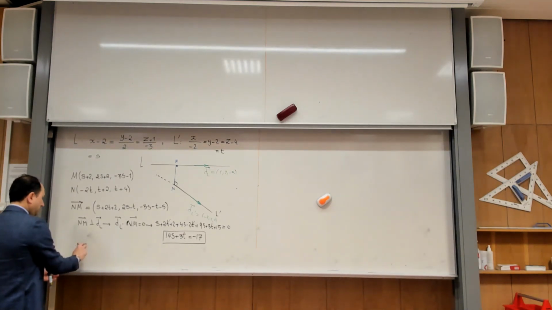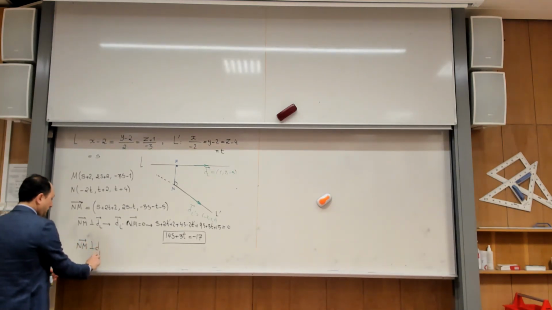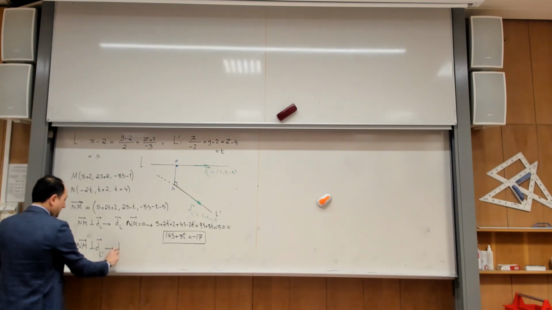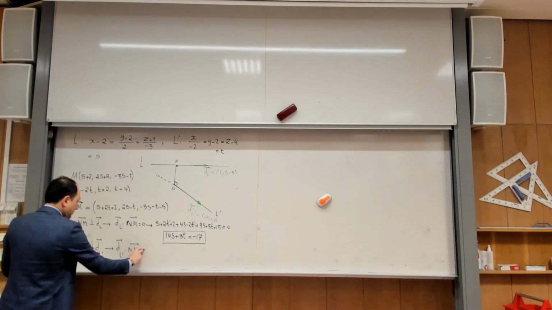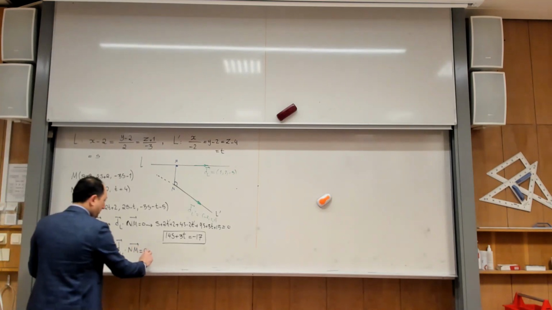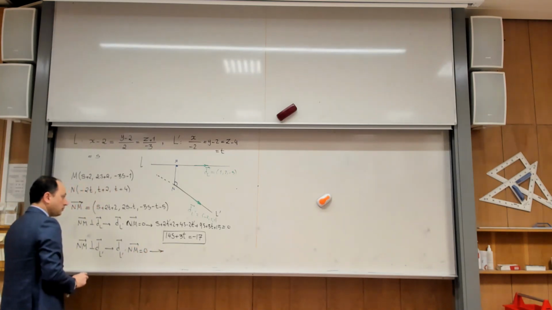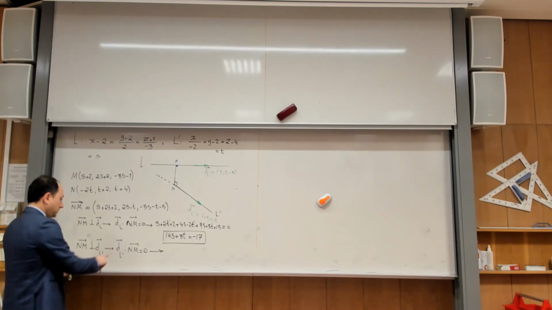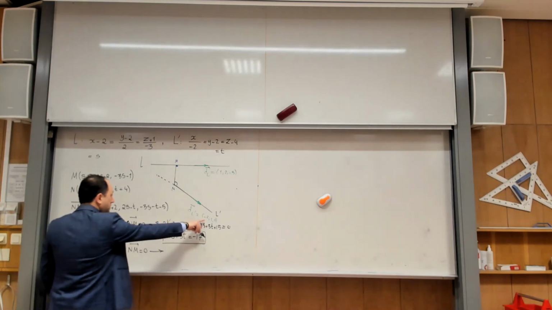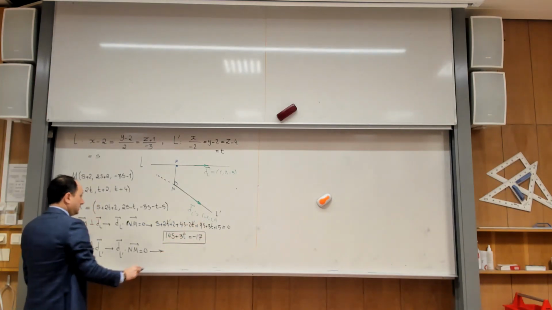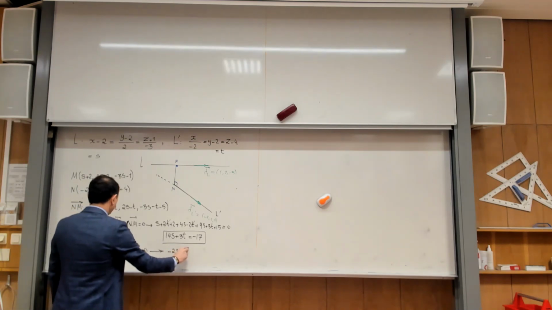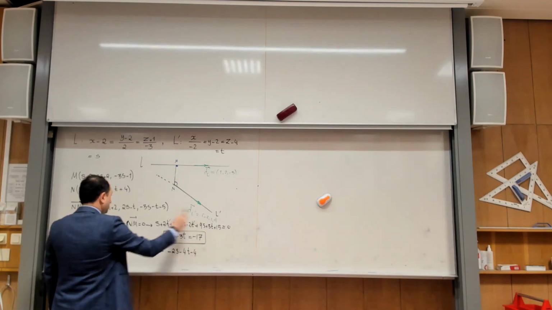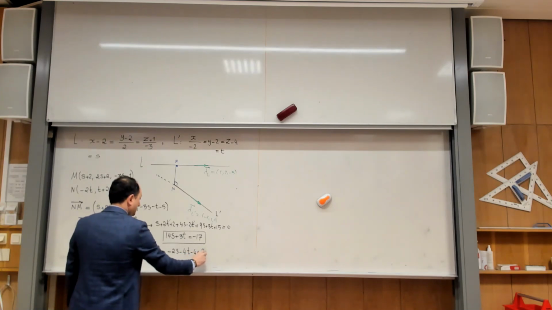Yes, I do the same thing for the other one. So NM is perpendicular to dl prime. This means that dl prime dot NM is equal to 0. The dot product between these two should be 0, but dl prime is this one, so I multiply again here. It becomes minus 2s minus 4t minus 4. I multiply 1 here, 2s minus t.